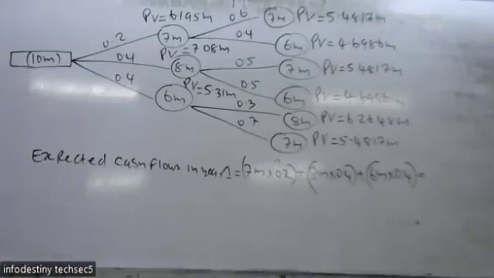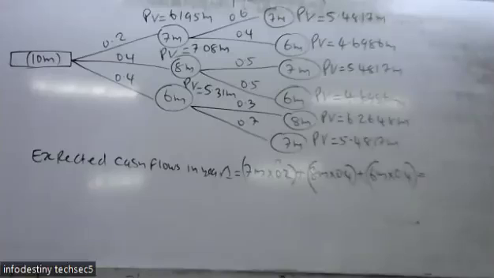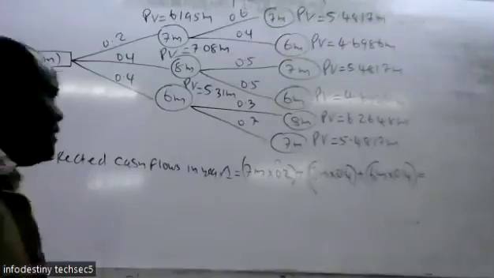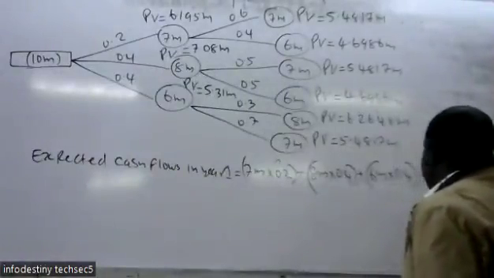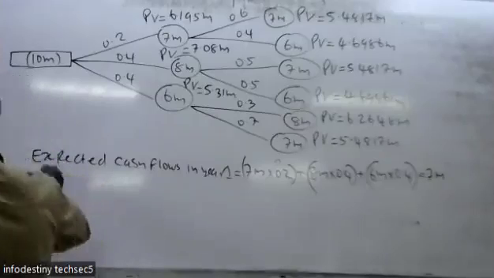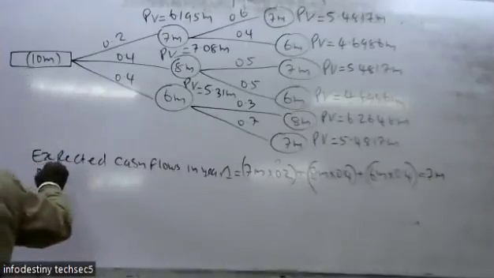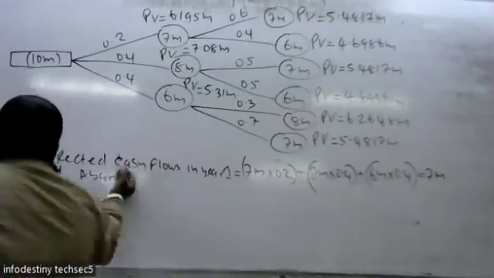We multiply by their probabilities, then we add them together. They were also abandoning it at the end of year one. So we also add the abandonment value.